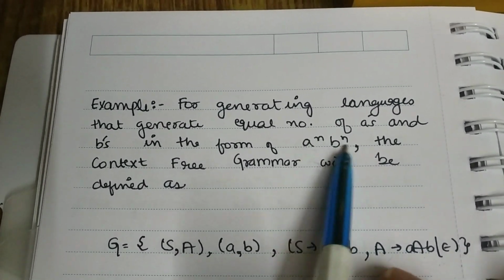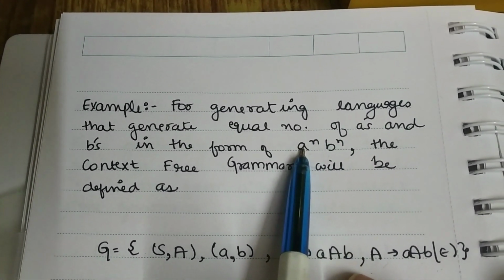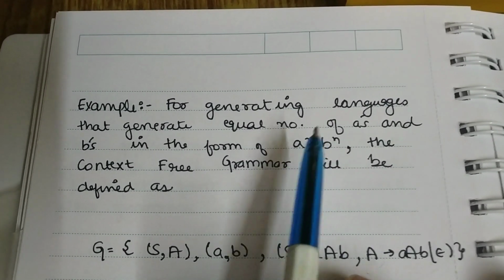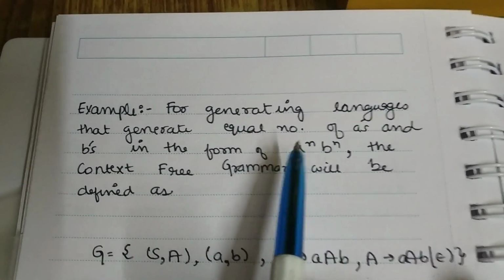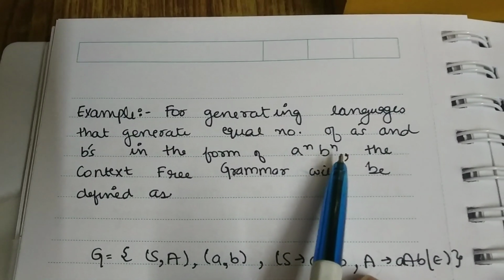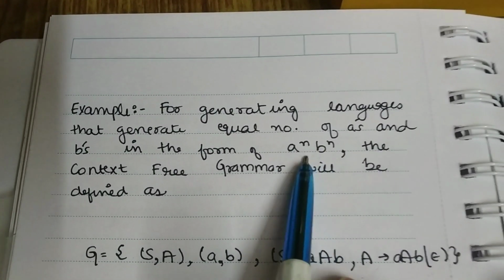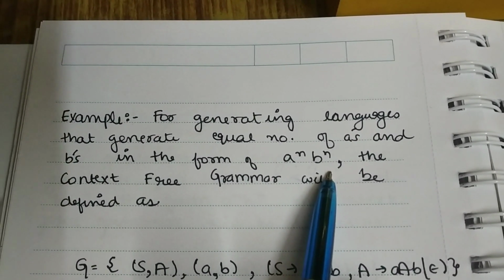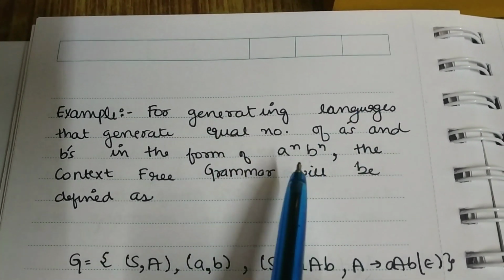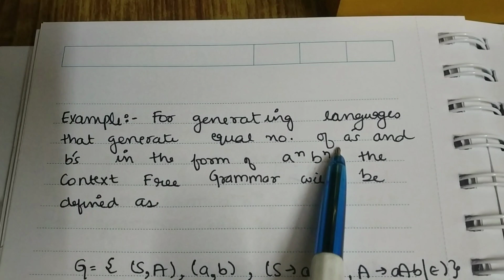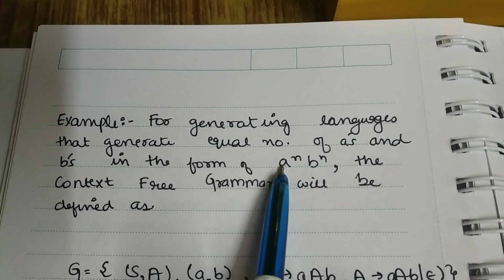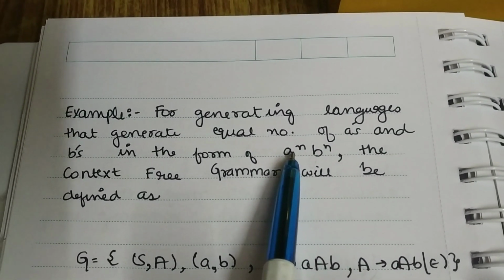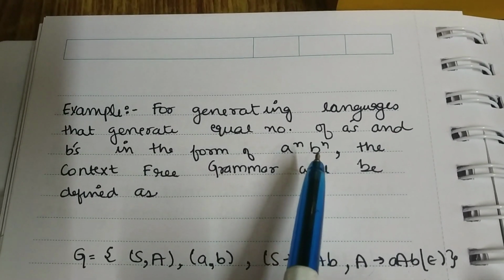This type of language will always produce strings in which the number of A's is equal to the number of B's, and A is always followed by B. Please note that such languages cannot be accepted by a finite automata as it does not contain any memory.